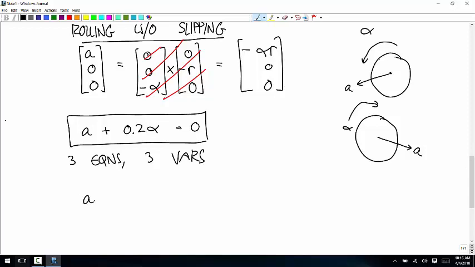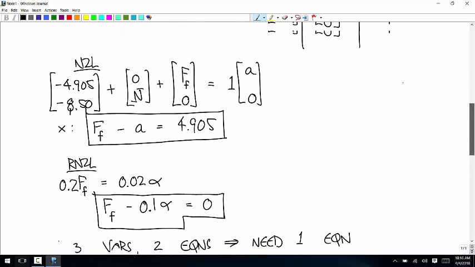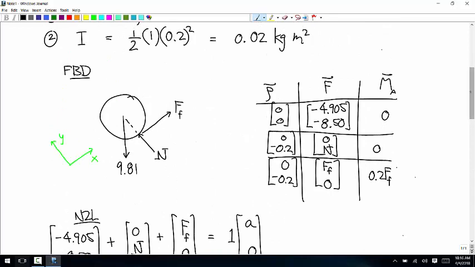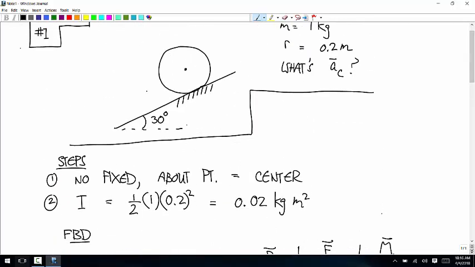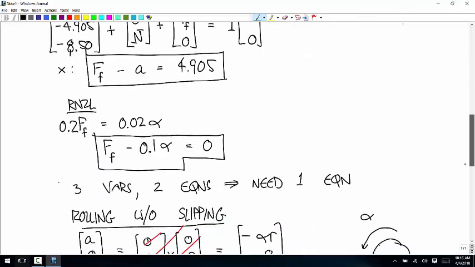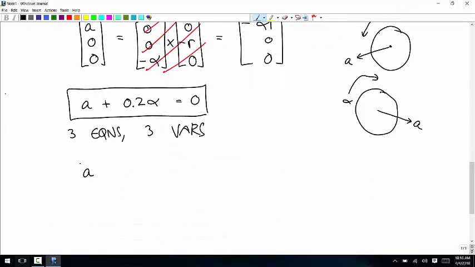I think what you get is that, the way I have this drawn, we know that the acceleration has to be in the negative x direction. And the math comes out to tell you that A is equal to negative 3.270.